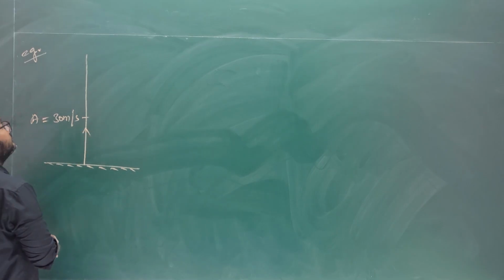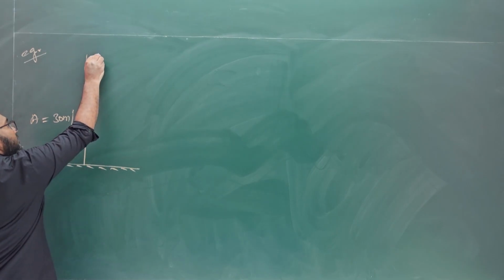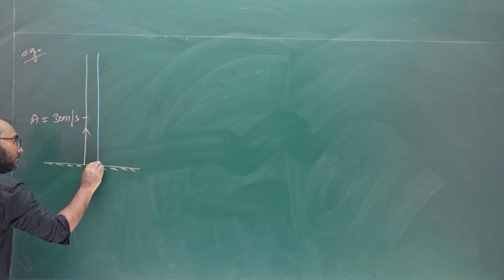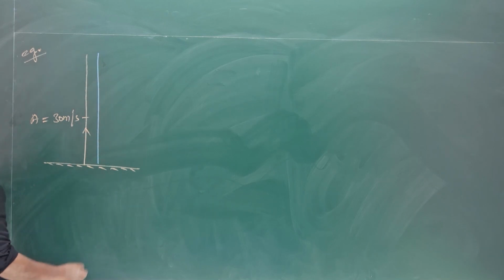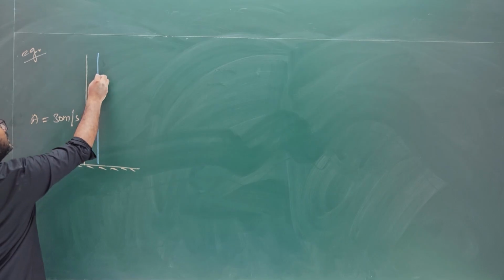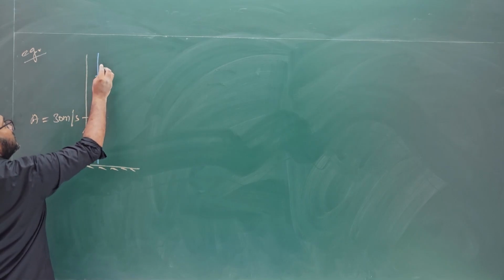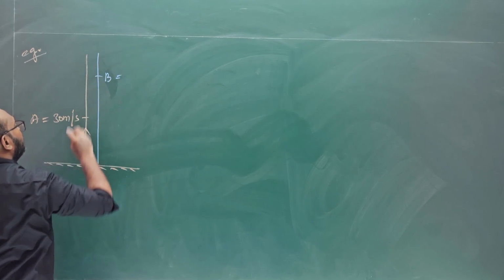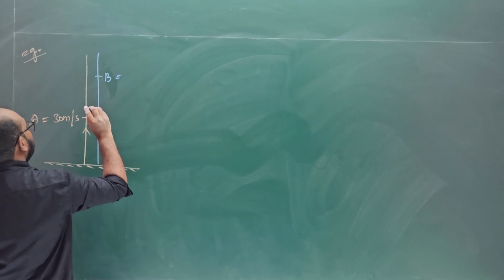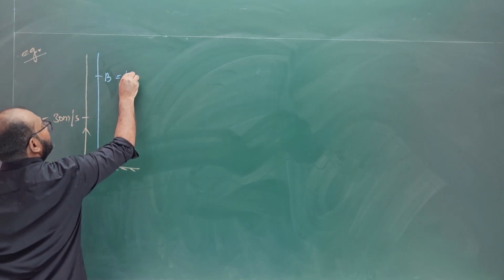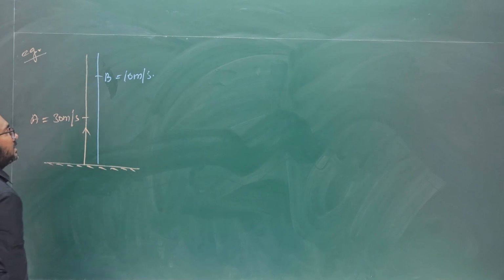While returning, there is a point B here, and the velocity, let us take, 10 meter per second.